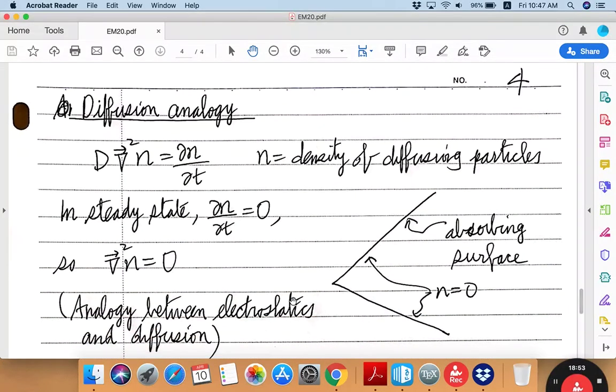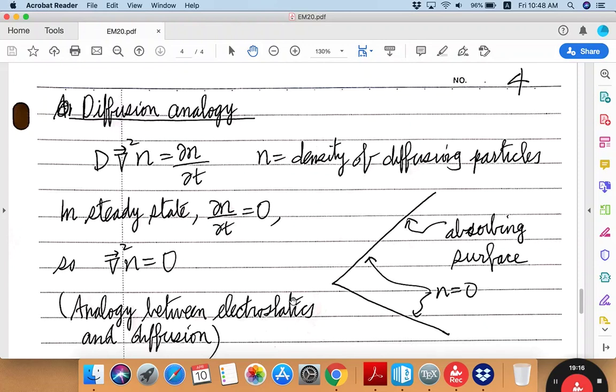Okay, now let me switch theme slightly, but not too much. There's a pretty interesting and amusing analogy between the problems of electrostatics and the problems of diffusion.